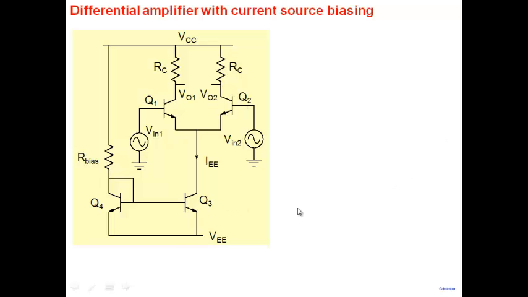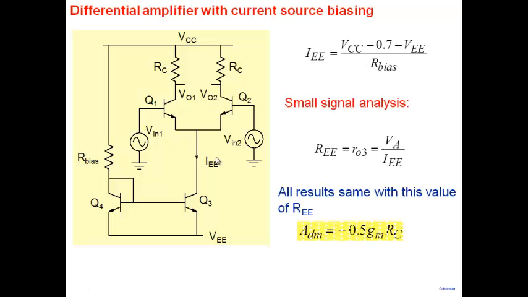I can use another transistor Q4 somewhere and bias another piece of circuit here. So it's only one resistor that I can use and bias many parts of my circuit. Alright? So what we have done is we've replaced the resistor here by a transistor. Transistor is smaller in size and easier to fabricate. And not only that, it's giving us the benefit of higher output resistance, so increasing CMRR.